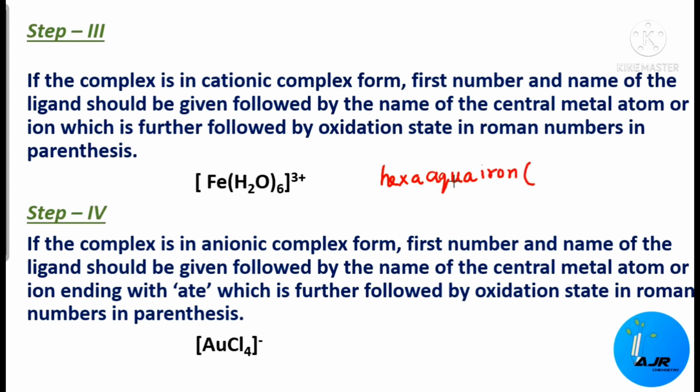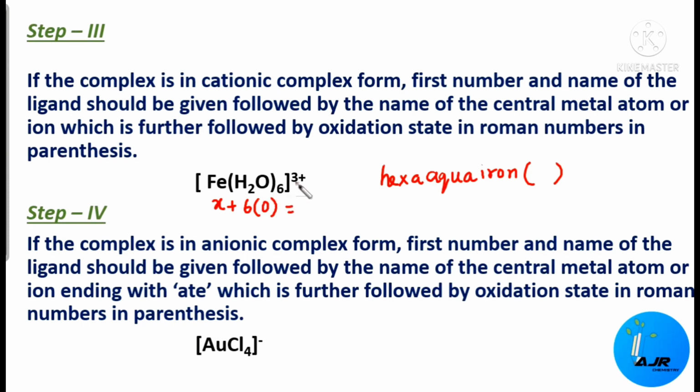Next comes the oxidation state of this ion. That should be written in bracket. How to find out the oxidation state? It is simple. We need to know the oxidation state of iron, so we can take it as X. So X plus, how many ligands are there? 6. What is the charge of H2O? It is a neutral ligand, so the charge will be 0. So 6 into 0 is equal to 0.